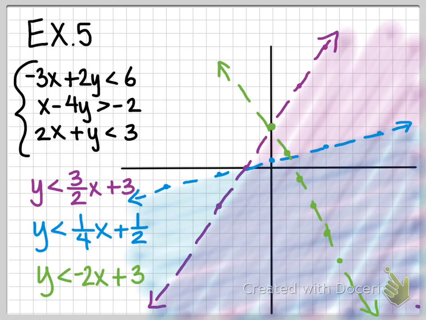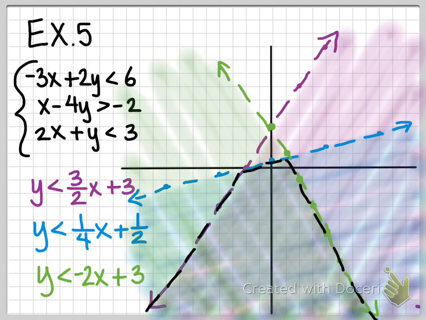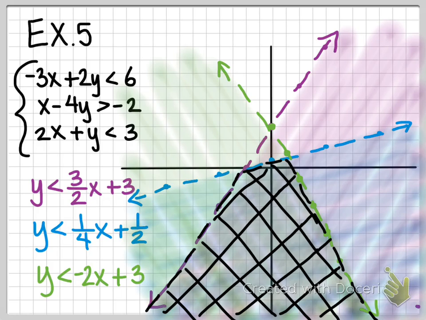So I need to shade on the side of the green line where (0, 0) is. So that's to the left. So you can see the part that's triple shaded is kind of this trapezoidal shape towards the bottom. So if I retrace those dashed lines and then shade inside, anything going down would be included in the solution to this system of inequalities.